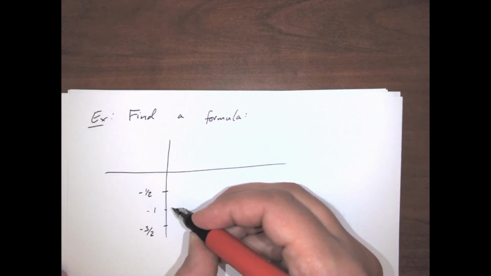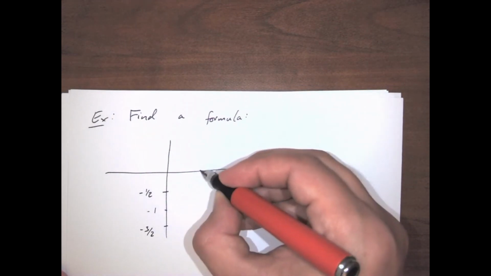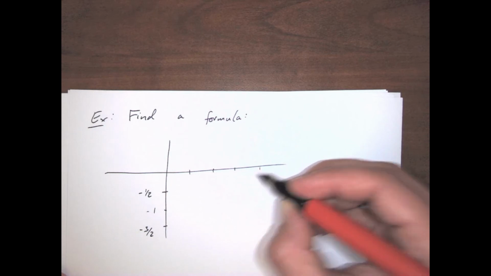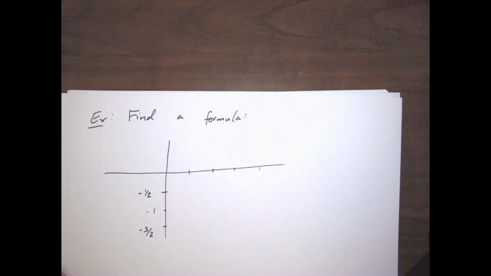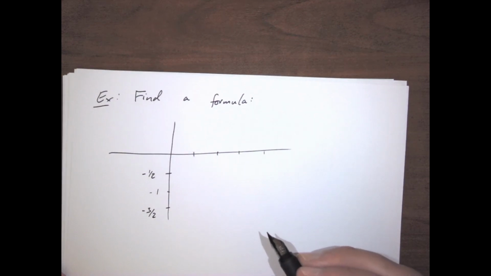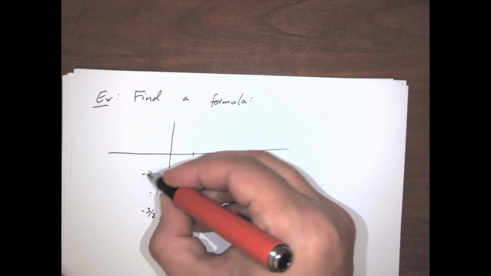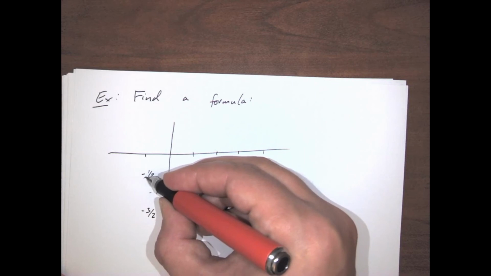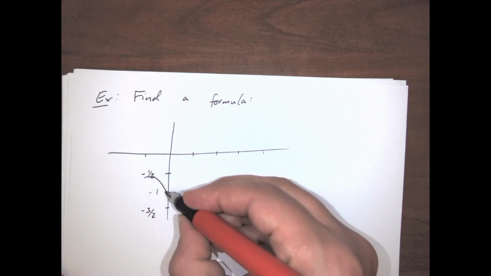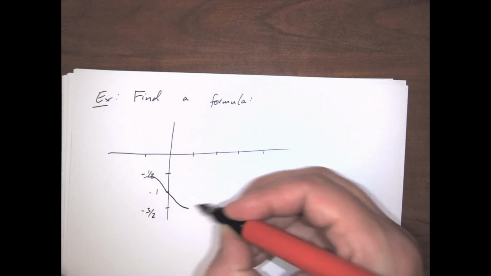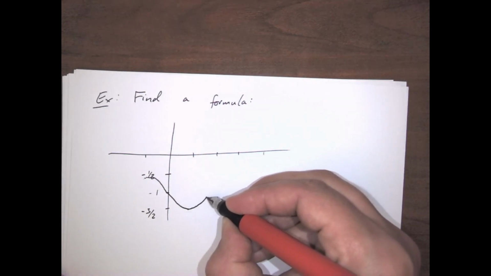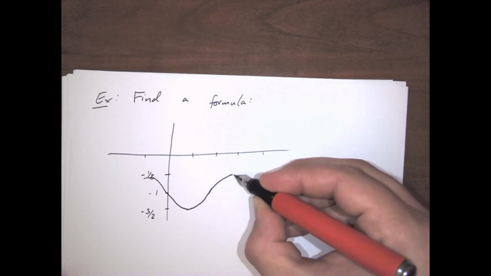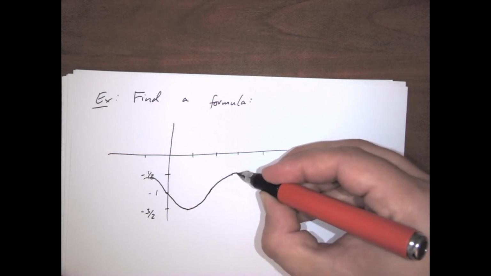We have a graph, so I'll just draw quickly one period of it. And let's just say that what we see here is that it is like this. So we have a graph presented to us, and this is the important stuff about it.